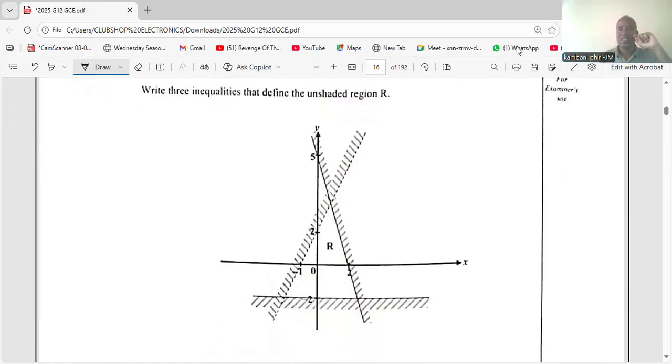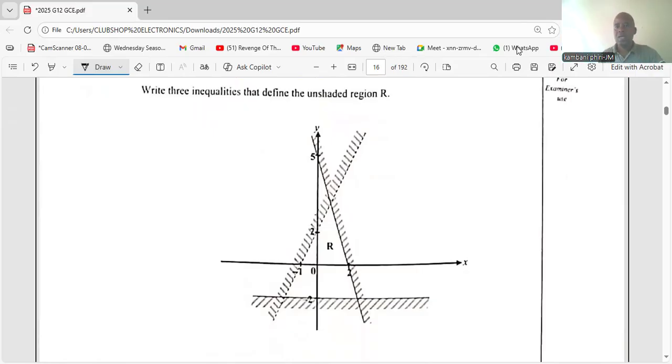So we are saying: write three inequalities that define the unshaded region R. You can see we have got three lines here. These three lines are defining the unshaded part, so we need to write inequalities for each and every line.